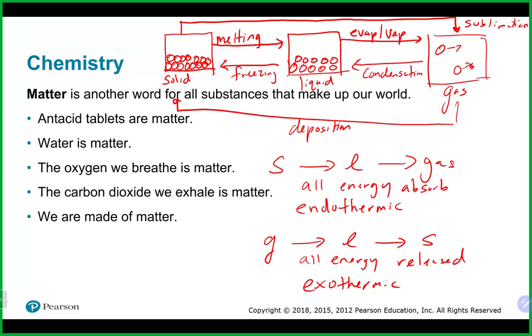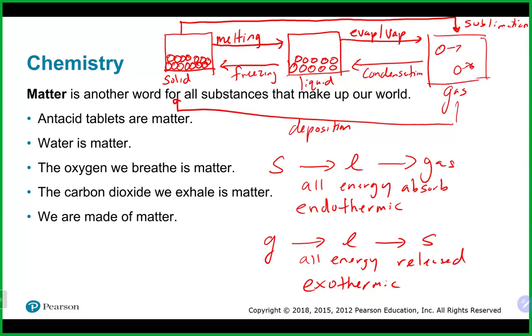If something loses a certain amount of energy, somebody else has to gain that amount of energy. So for example, when the water goes into the freezer, all the energy that is lost by the water is absorbed by the freezer air and the surroundings in the freezer. So there's a perfect transfer of energy that occurs.